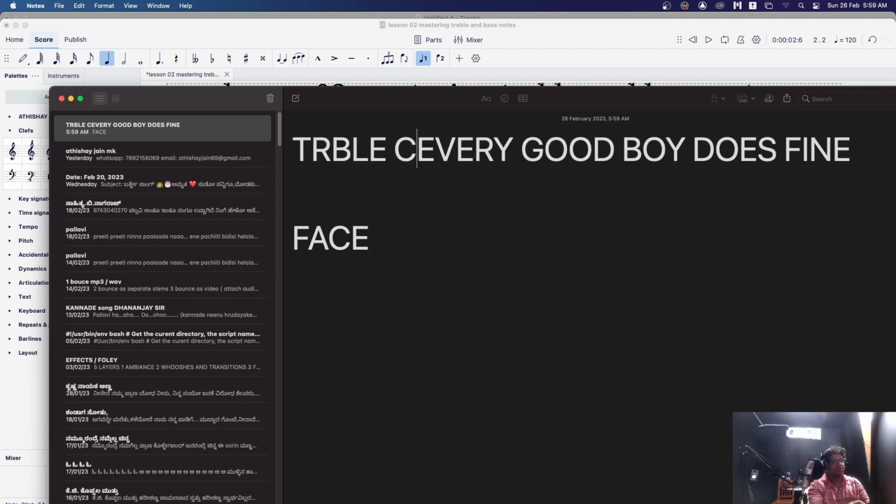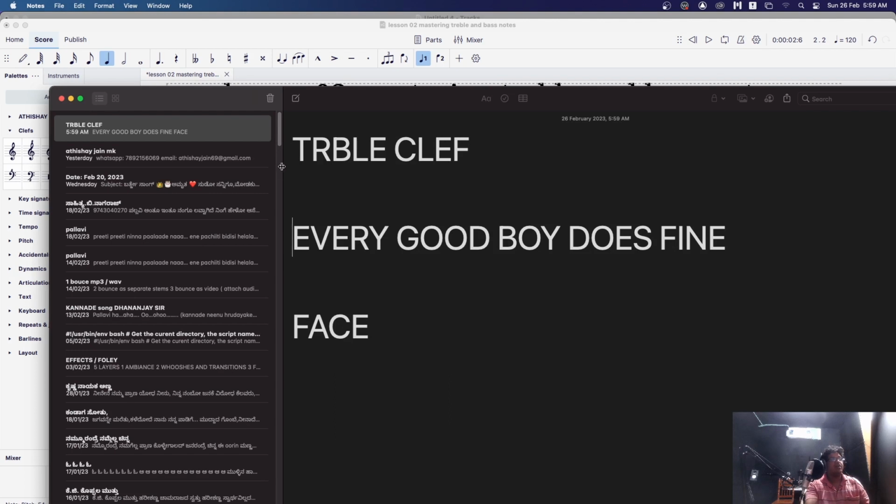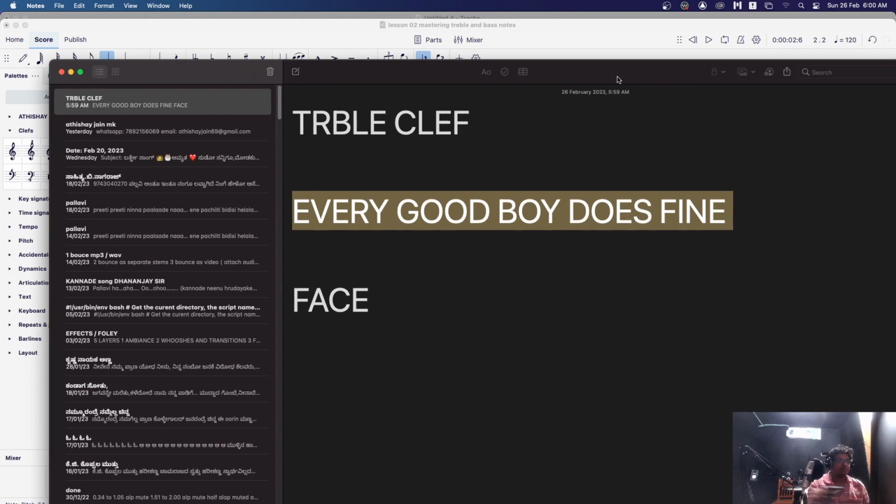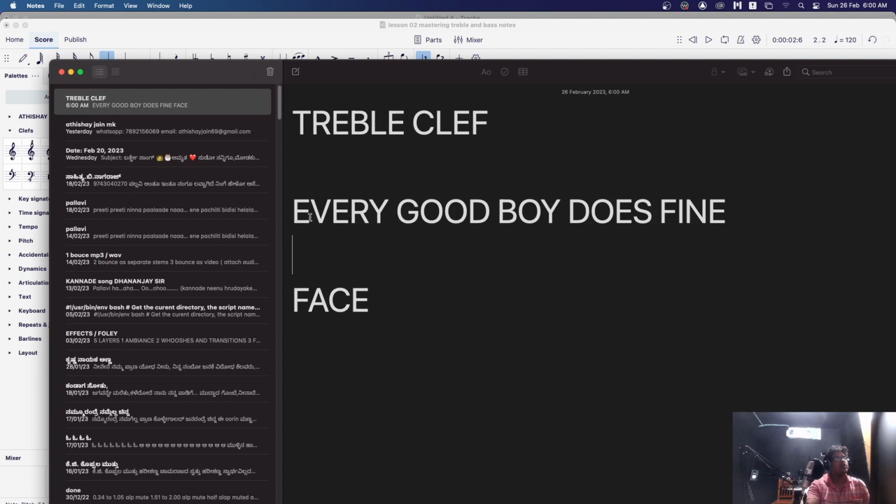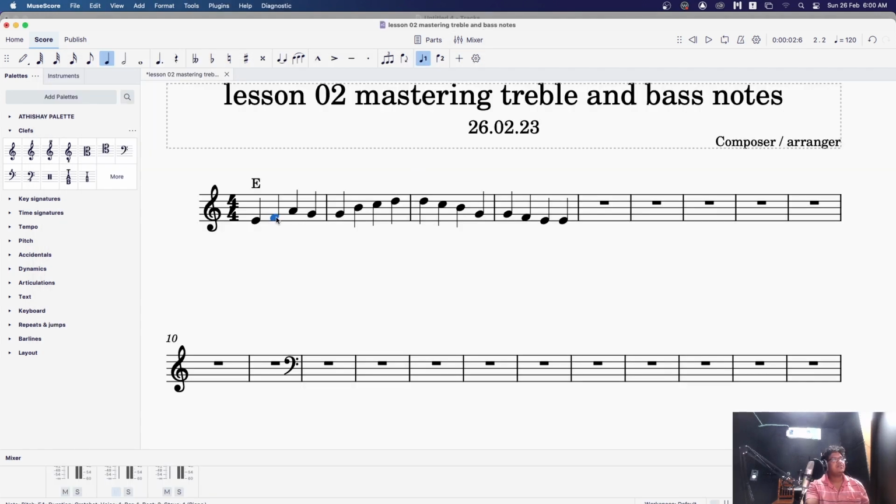Lines we remember using every good boy does fine. For the line notes, you remember using every good boy does fine. And for the spaces, FACE. Here is the first space. What is first space? It's F.